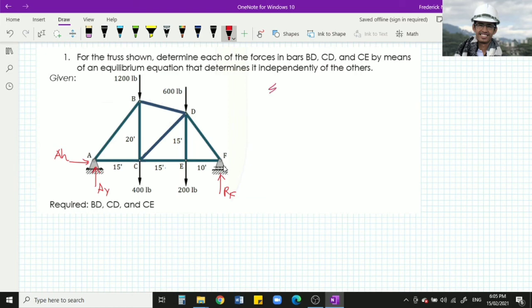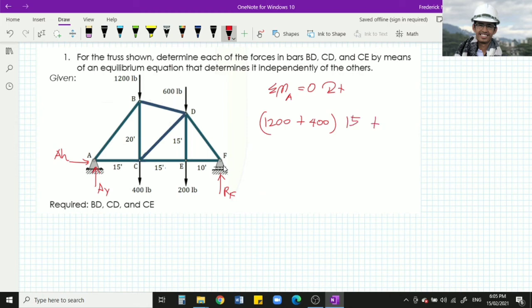Okay? So, summation moment at A is equal to 0. Clockwise, positive. Okay? So, that will be 1,200. So, same lang yung distance nito, 1,200 tsaka 400 pounds. And yung distance niyan is 15 feet. So, that will be, pwede na nating pagsamahin, 1,200 plus 400 pounds times 15 feet. Okay?